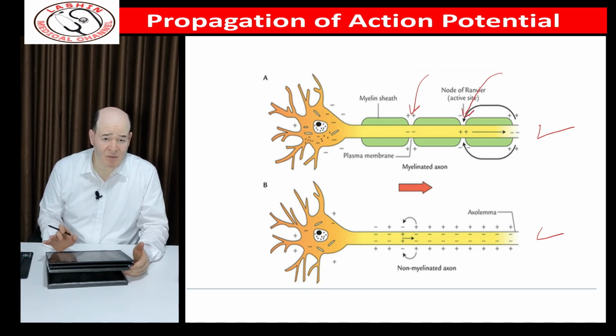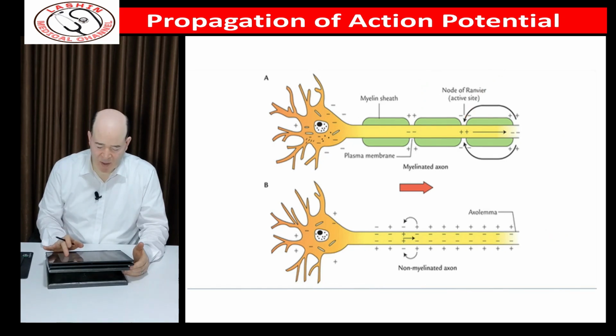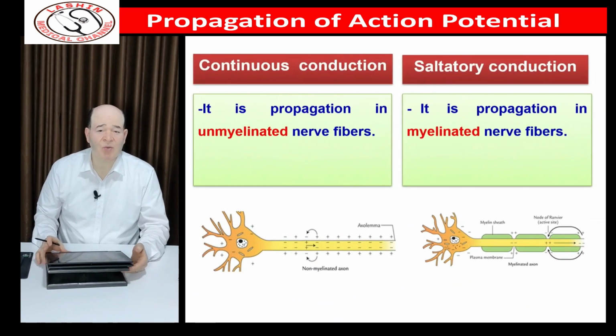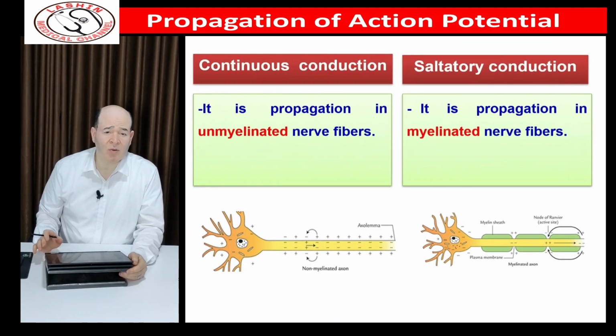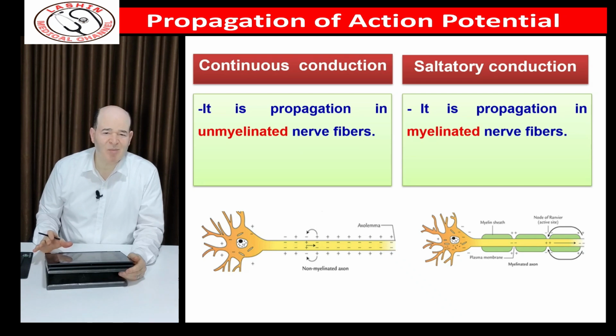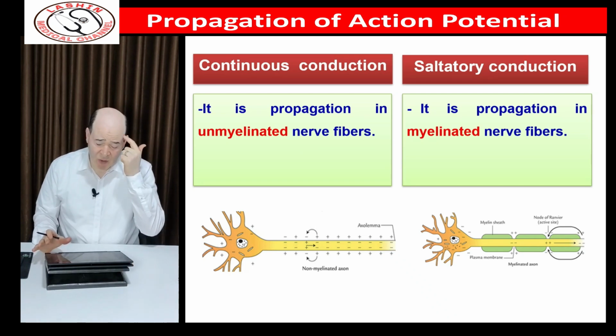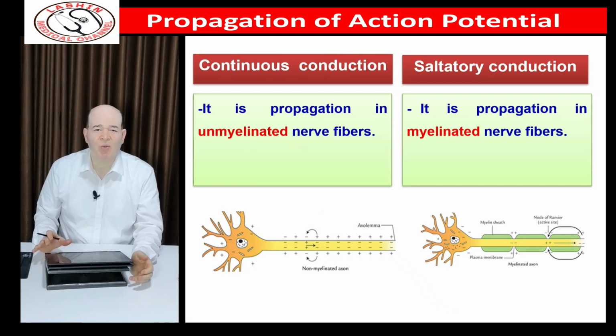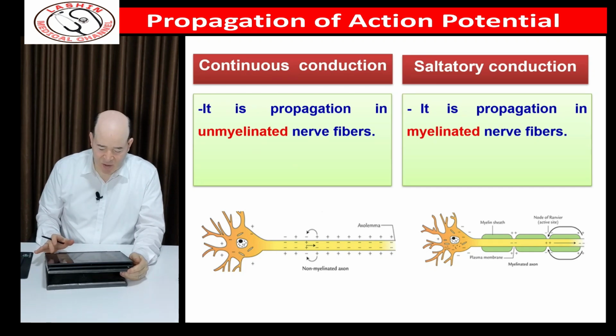However, non-myelinated fibers are not covered by myelin. So we have two main types of conduction or propagation along nerves: continuous conduction, which occurs in non-myelinated fibers, and saltatory or jumping conduction, which occurs in myelinated nerves.